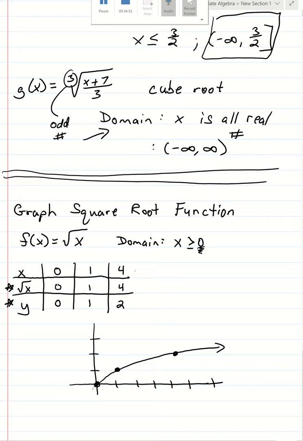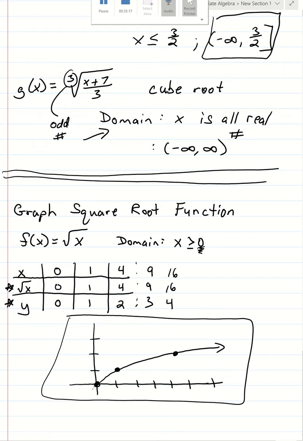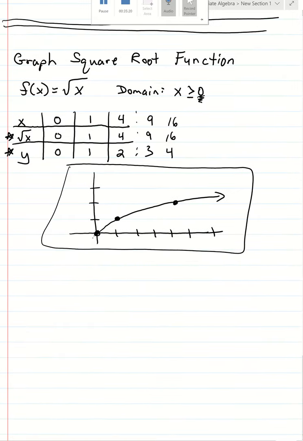If I wanted to put more points, I would have to, let's say, put the number 9, because if I take the square root of 9, I'll get 3. Or if I plug in the number 16 and take the square root of 16, I will get 4. So as x grows rather large, y grows but in a smaller fashion, okay? So this would be the graph of your square root function, the square root of x.